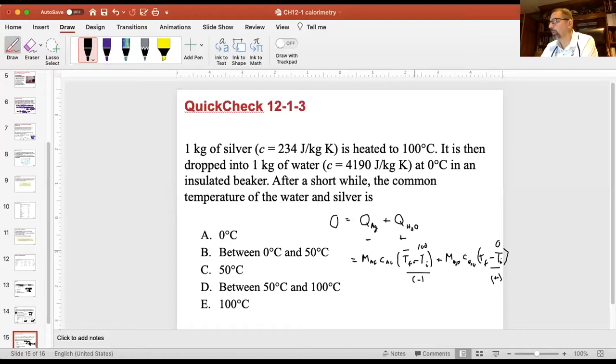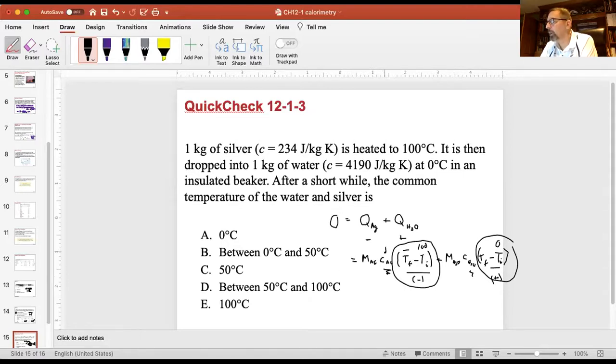And here's the point. Because the silver specific heat is so much less than the specific heat of water, I expect that I am going to need a much greater change in temperature here than I'm going to need here in order for these two to be equal but opposite in sign such that they add to 0.